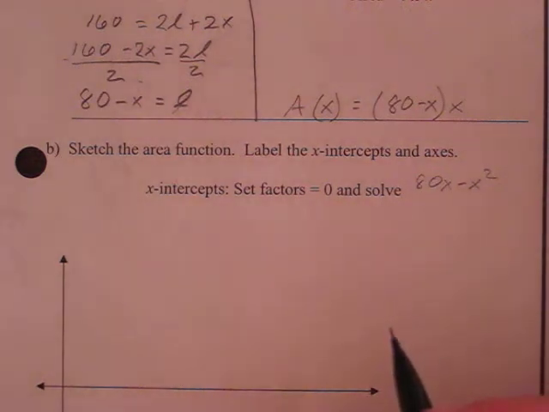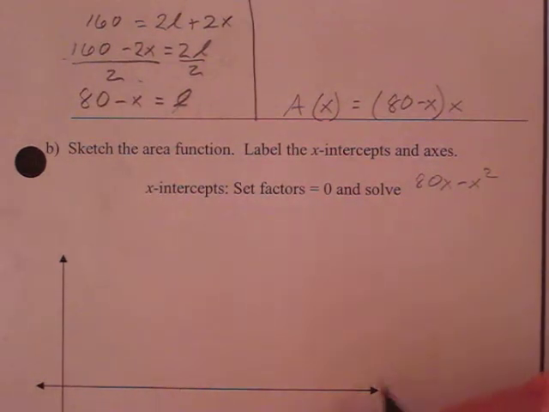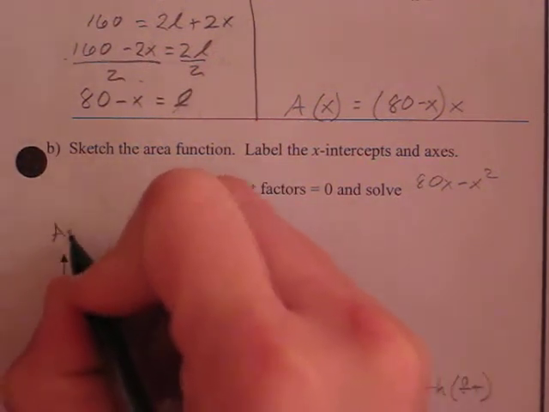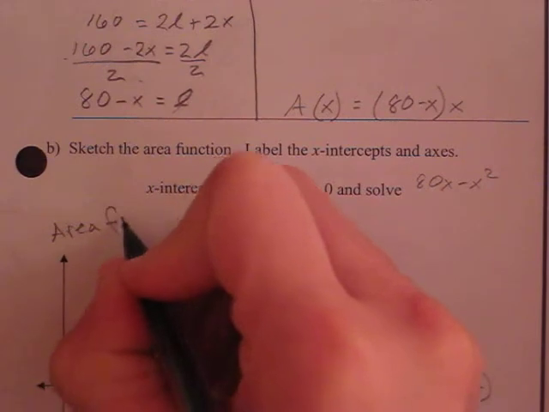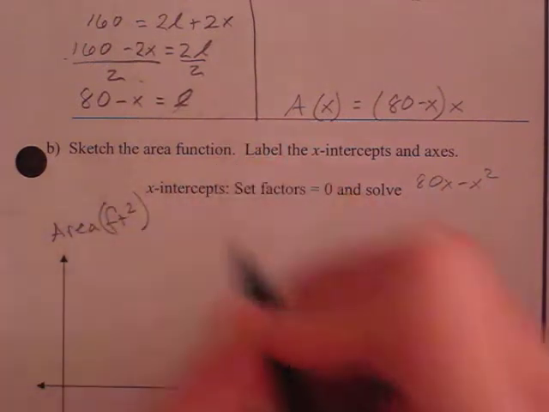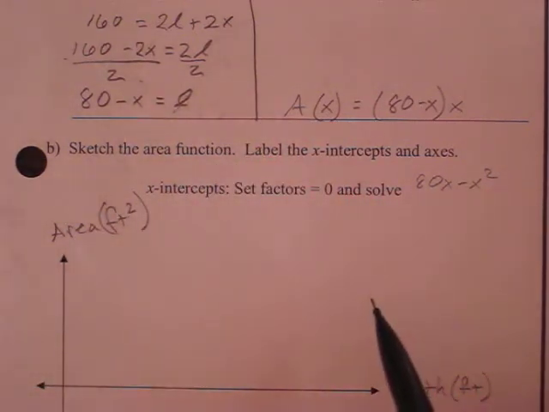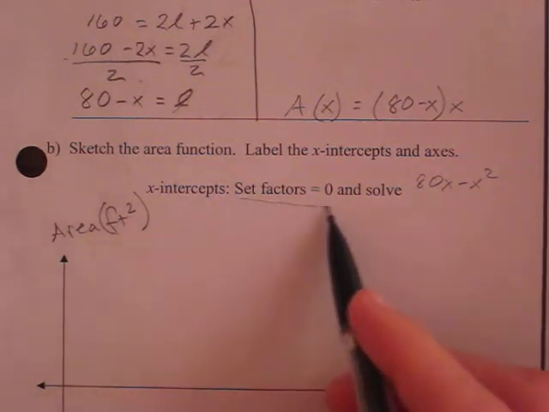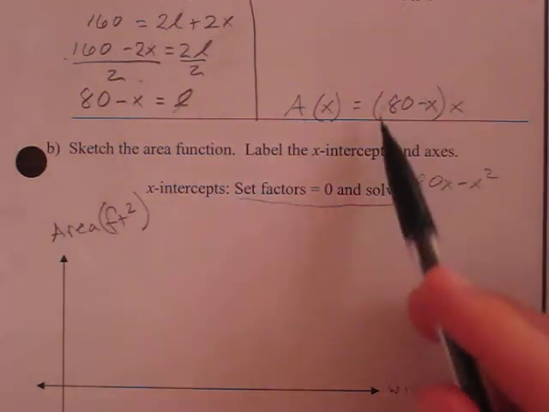We want to label the x-intercepts and the axes. Well, x has already been called the width, so this is the width in feet. And the y value is area, and that will be in feet squared, or square feet, I'm sorry. And we have to figure out our x-intercepts. We do that by setting the factors equal to 0 and solving. We already have it factored.